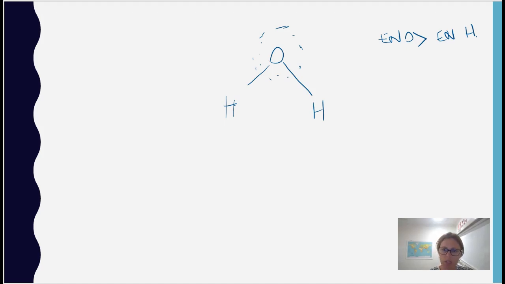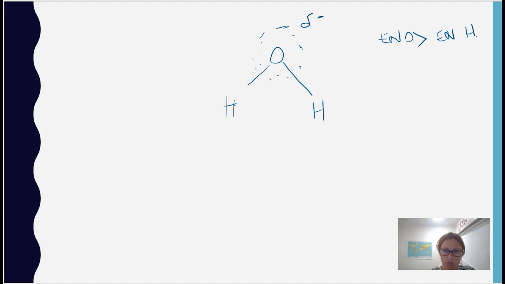So if the electrons are spending more time in and around this oxygen, it is going to become slightly negative. Even though they're sharing those electrons, it has a slight negative, and we use the symbol delta for that slight negative, a delta negative.